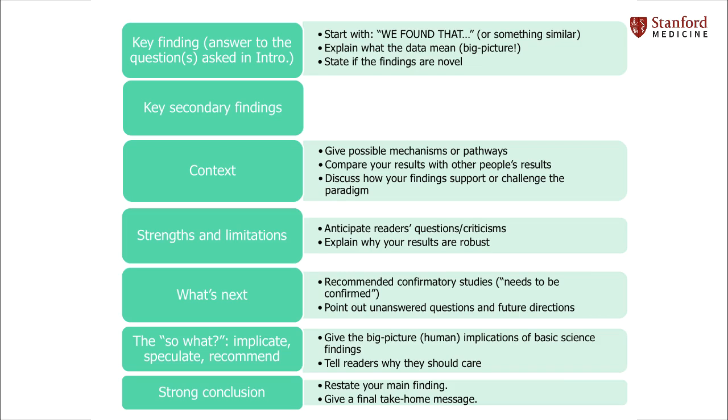Tell your readers why they should care. And then it's nice in the discussion section to have one paragraph at the end where you have a strong conclusion. Some journals have a separate section for a conclusion, but if your journal doesn't, just wrap up your discussion section by restating your main findings and giving some kind of final take-home message for your readers.